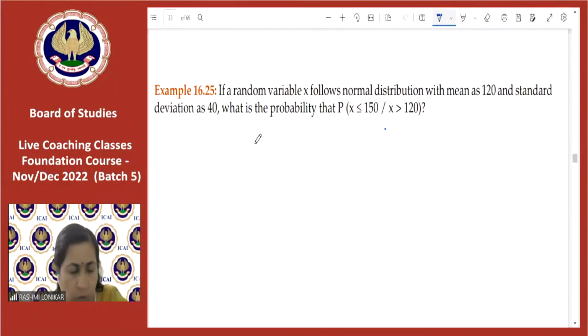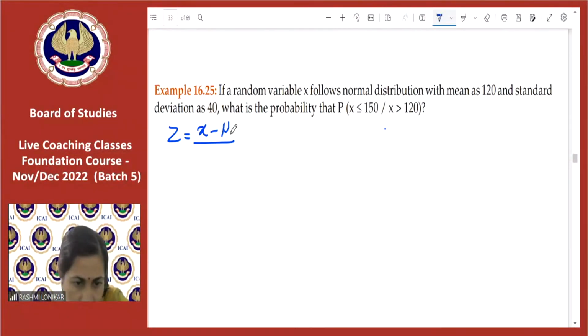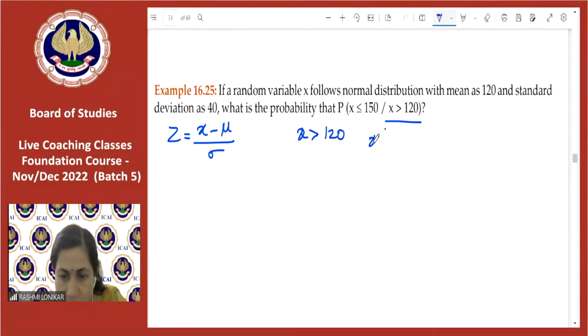Now what we know is, how do I write Z? We write it as x minus mu upon sigma. This at least you remember. Now what they are saying is that x value is greater than 120 and x will lie up to 150.